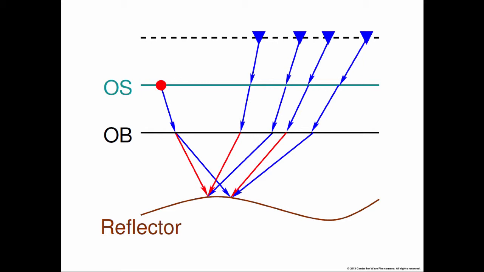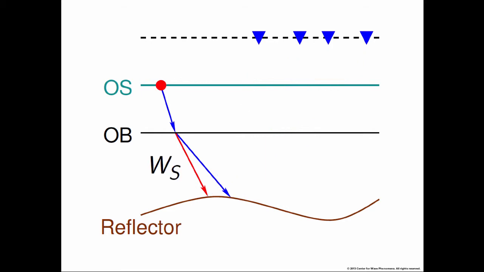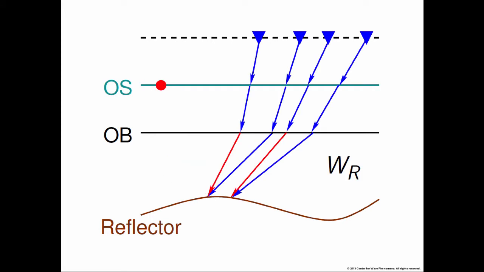Now let's go back to the cartoon I showed earlier. This is the source side wave field, and this is the ideal receiver side wave field. The reason we call it the ideal receiver side wave field is that some of the P waves recorded by the receivers are converted from S waves, and some of the P waves are just transmitted from P waves.